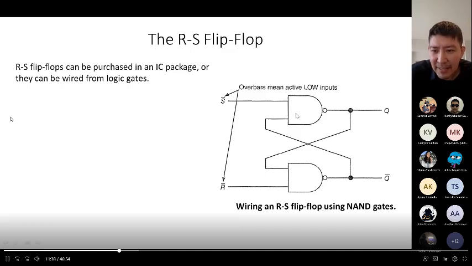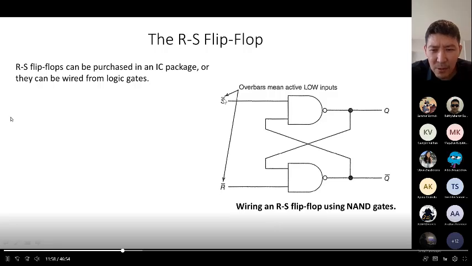So these are NAND gates. What's interesting here is that one input of the first NAND gate will be S, and one input of the second NAND gate will be R. What does the overbar mean?